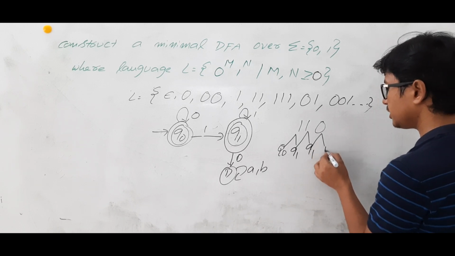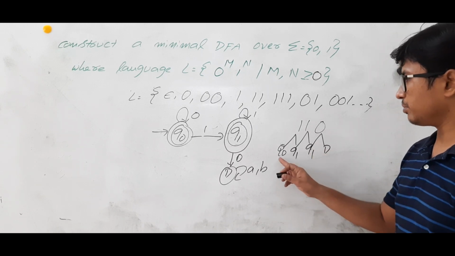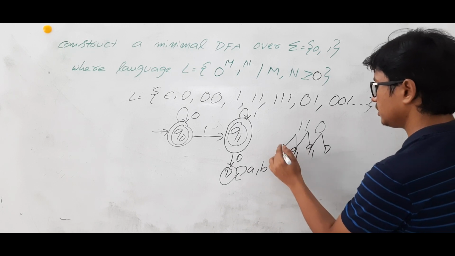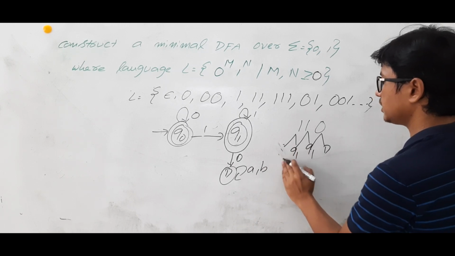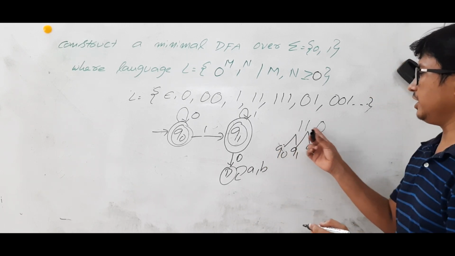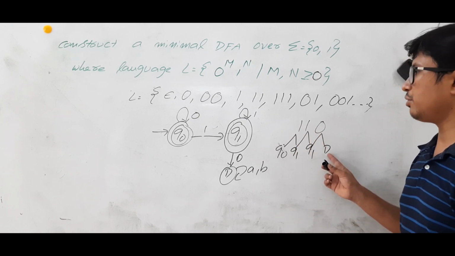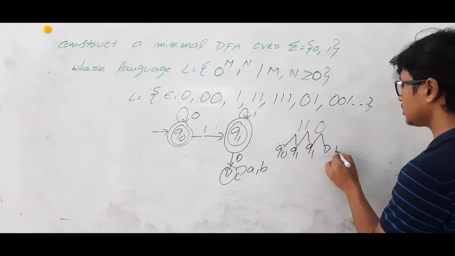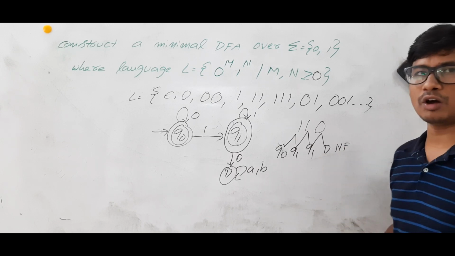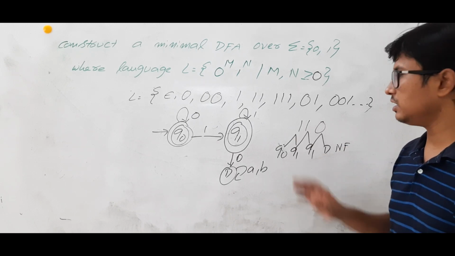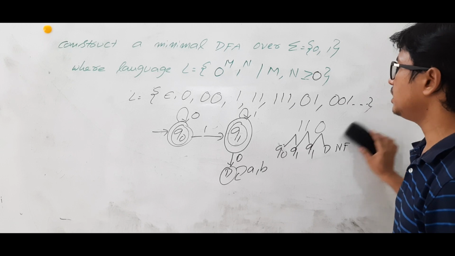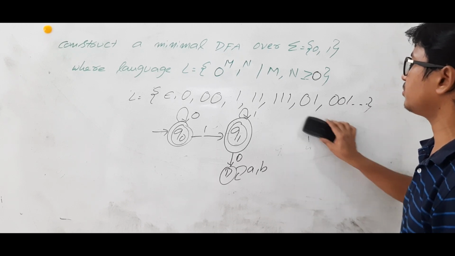Q1 on 0, it is going to a state D. Now from the initial state Q0, after reading the string 110, you have reached a state called D, which is a non-final state. If you reach a non-final state, what can I say? The string 110 is not accepted by the DFA.